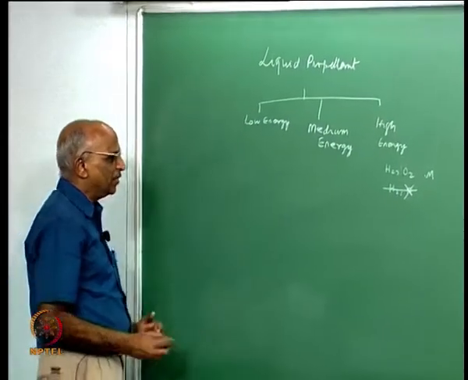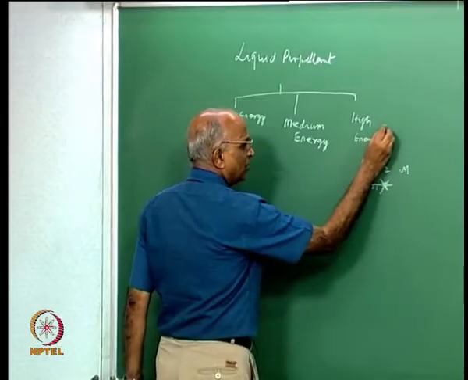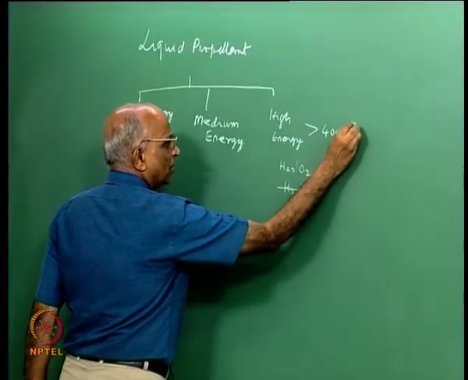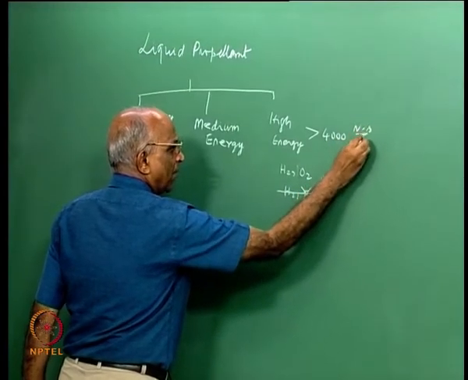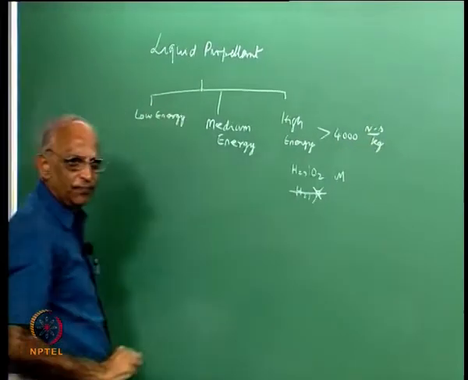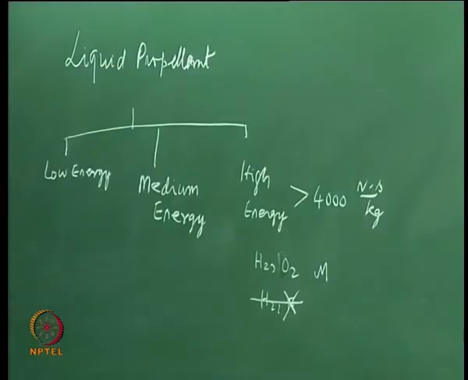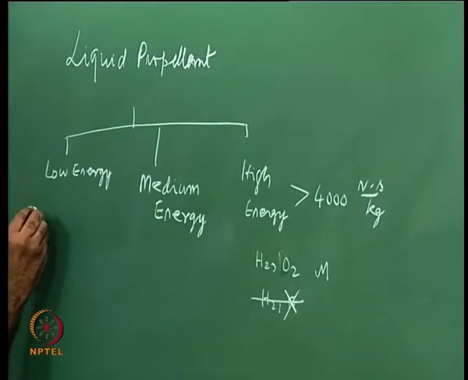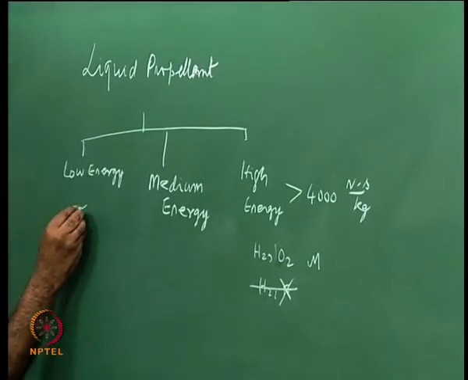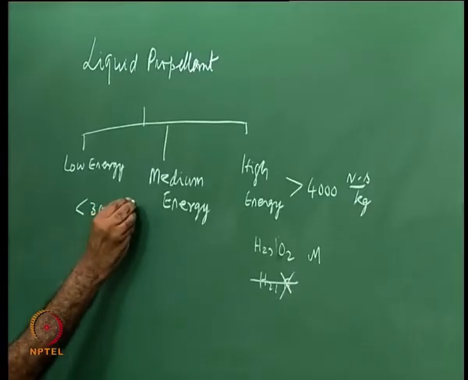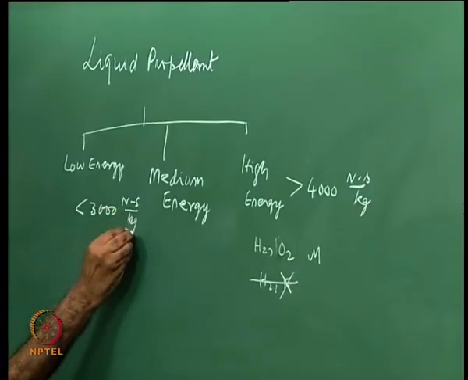This was the high energy, and we said high energy propellants are those which have specific impulse greater than 4000 Newton second per kilogram. We then came down to the low energy propellants, which have specific impulses less than maybe 3000 Newton second per kilogram.